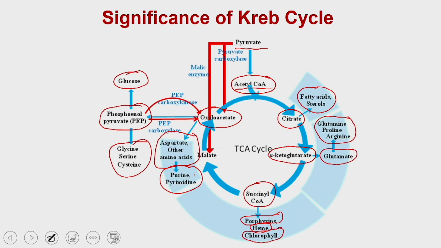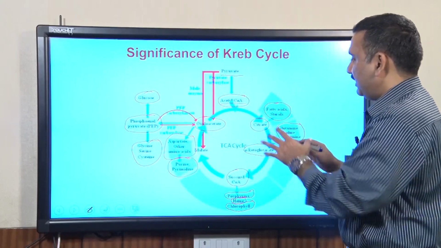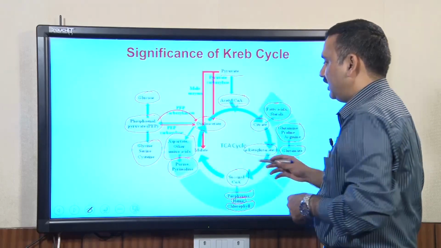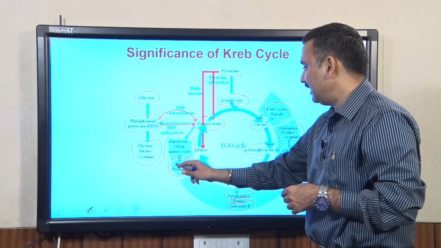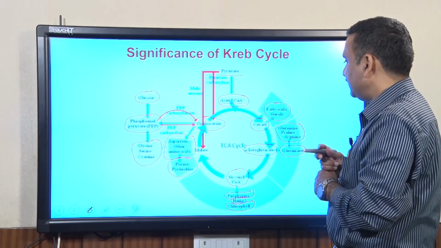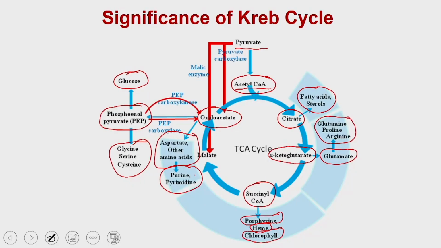So, as you can see, the TCA cycle is a central pathway. On one side it is linked to the amino acid pathway, on the other side to the nucleotide biosynthesis pathway, and on the other hand it is linked to fatty acid synthesis.